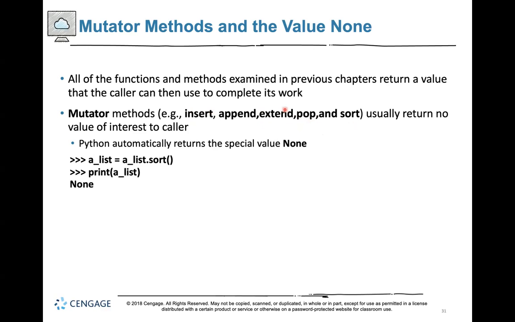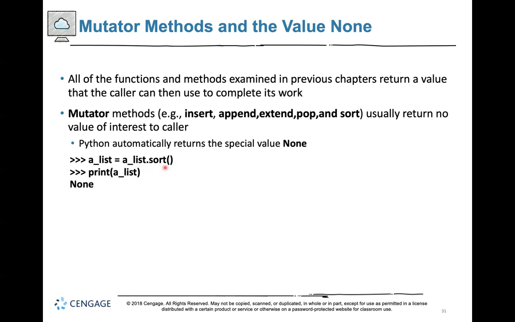The methods that are not mutating are typically called accessors, performing some arbitrary operation. So sort is a mutator here. It will sort the elements in place. So your list object will be modified by doing this.